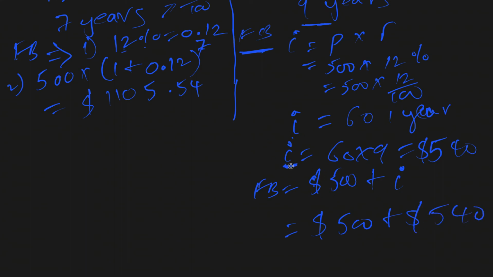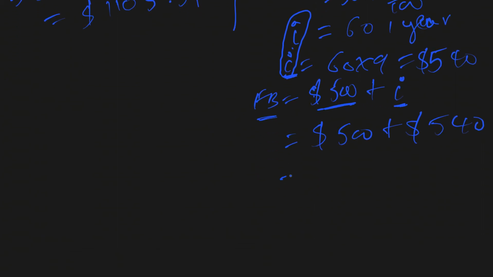Remember, I is just interest earned. It's not final balance. So for simple interest, final balance would be interest earned plus the starting balance. And you can see that we have $1,040.